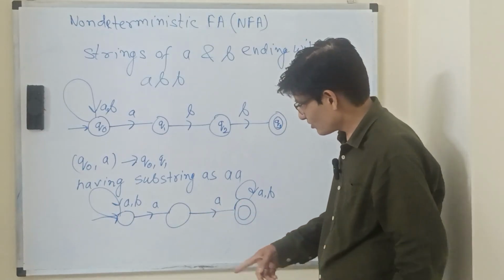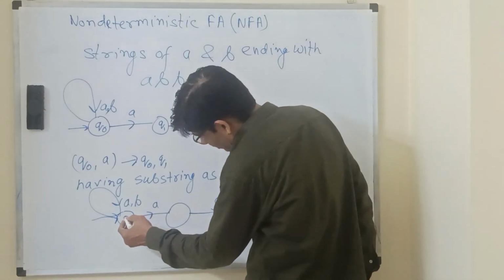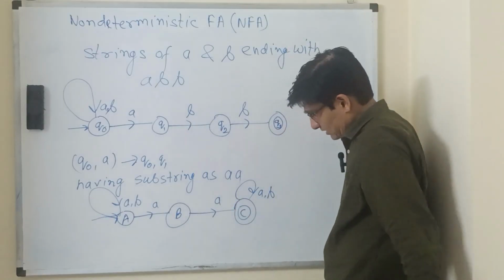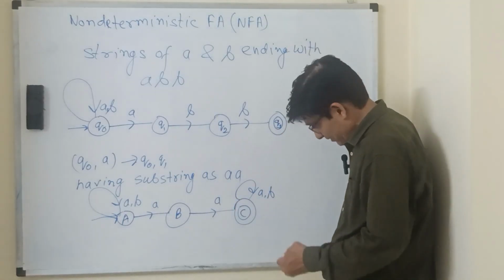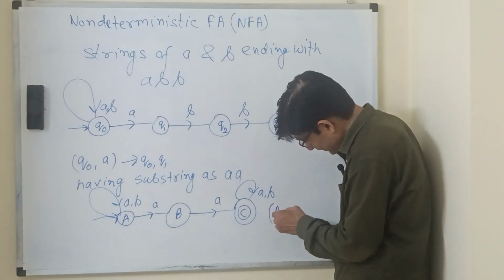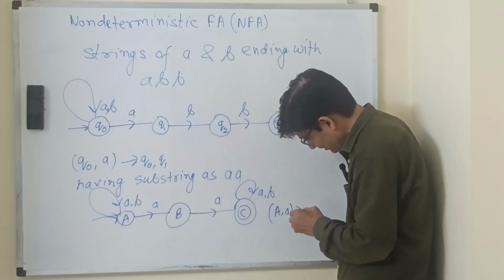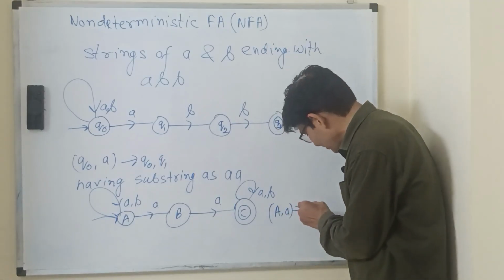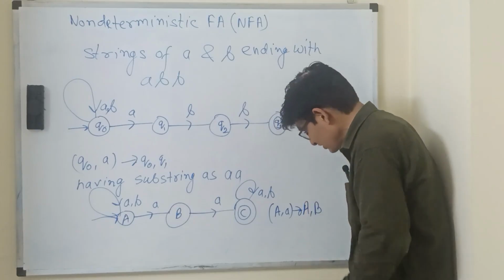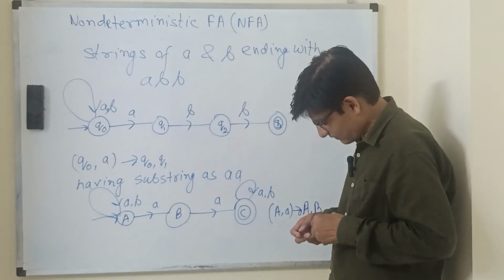Now, why is it an NFA? If I name all these states A, B, and C, you can see we have one transition here on A. If we have a small a, then we have two possibilities: we can remain on state A or we can move to state B. So this becomes an NFA again.